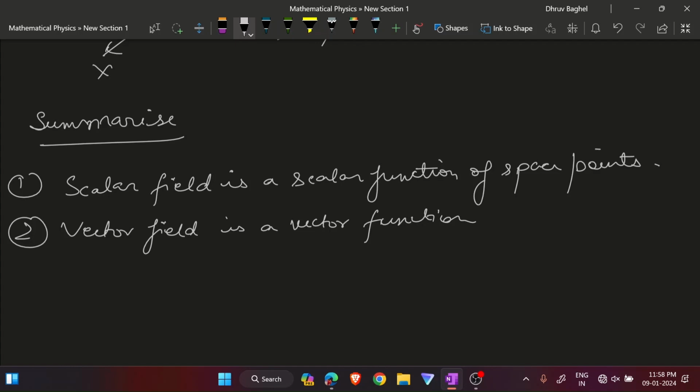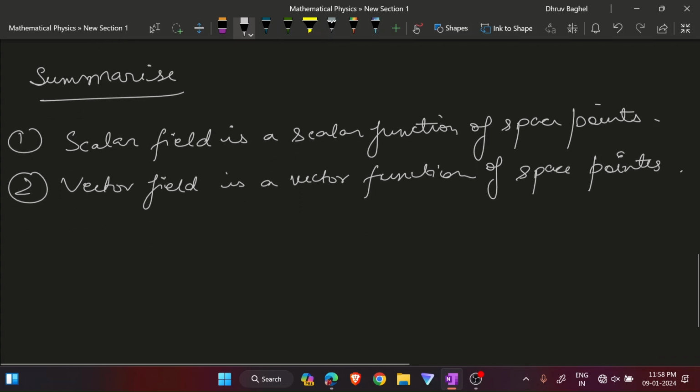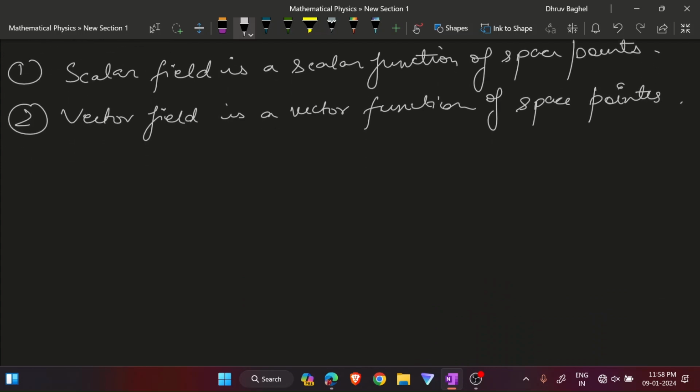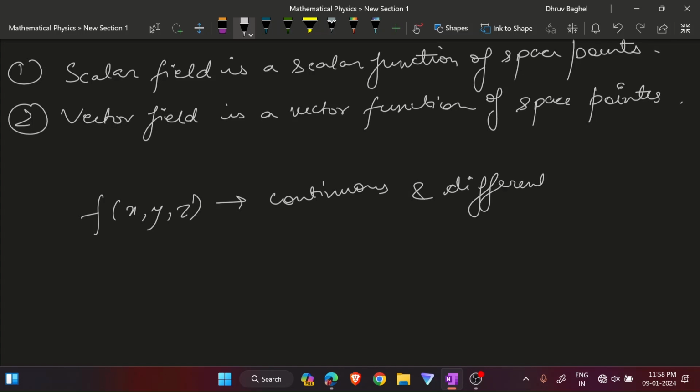It is just like a scalar field, but it will also associate a direction to that point. And it's not like every function of x, y, z can be called a scalar field. The function must be continuous and differentiable at every point.